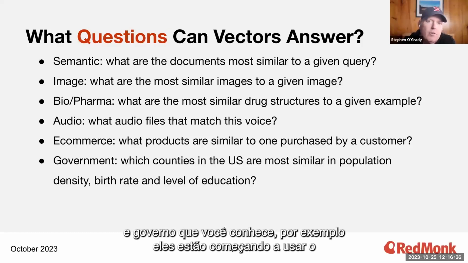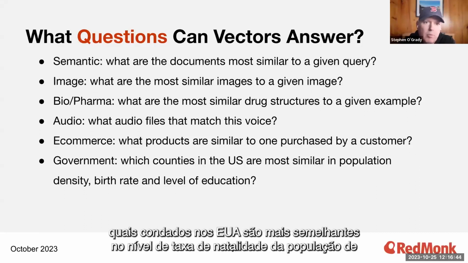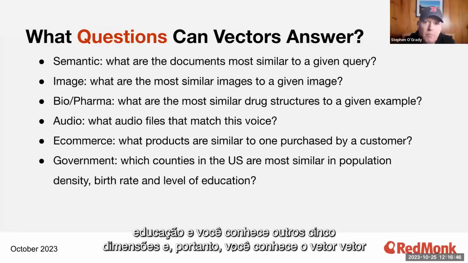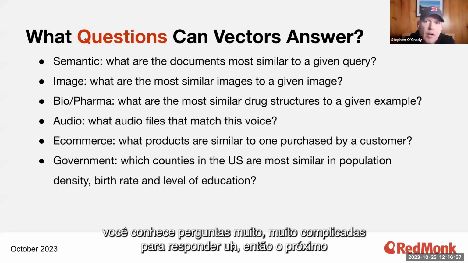In government, for example, they're beginning to use vector database technology to analytically ask questions like, okay, what counties in the US are most similar in population, birth rate, level of education, and 5 other dimensions. And so vector technology is increasingly being applied to these vague, comparative, very, very complicated questions to answer. So next slide.